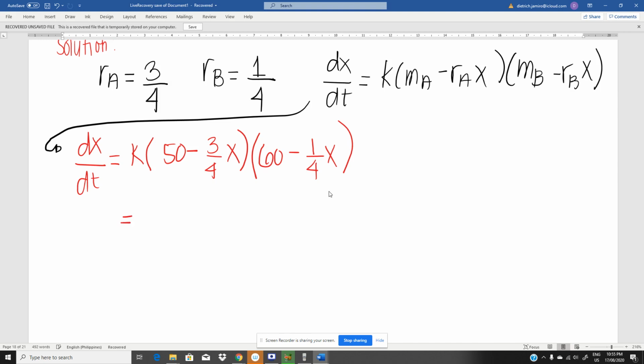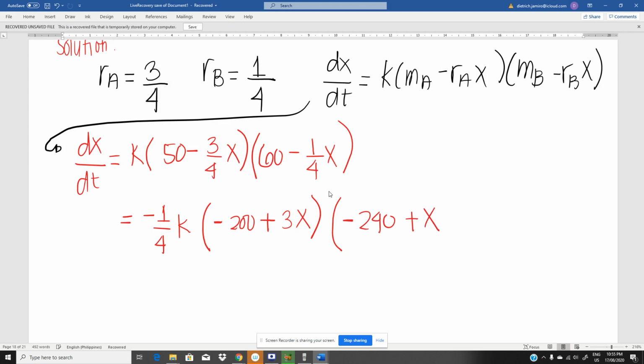We will have negative 1/4 times k multiplied by (3x minus 200) multiplied by (x minus 240).